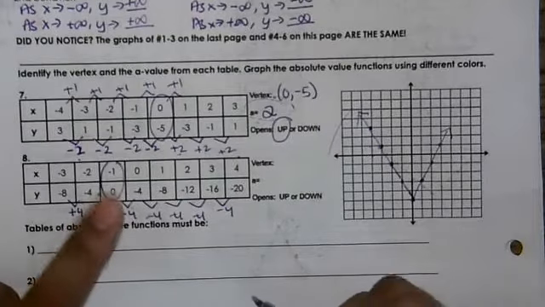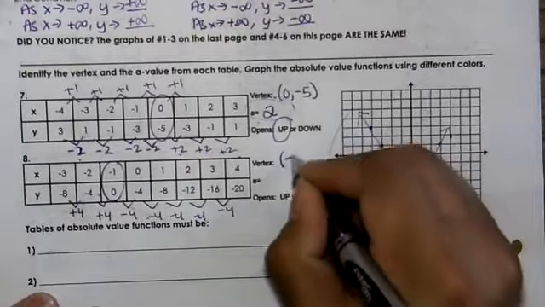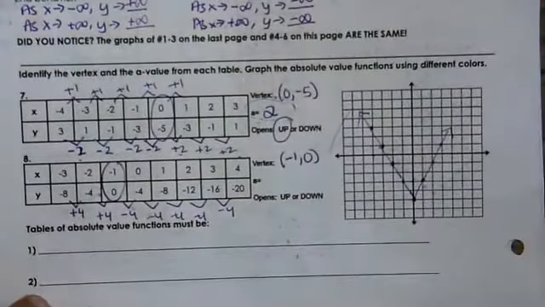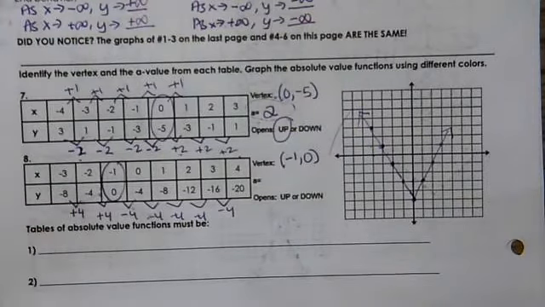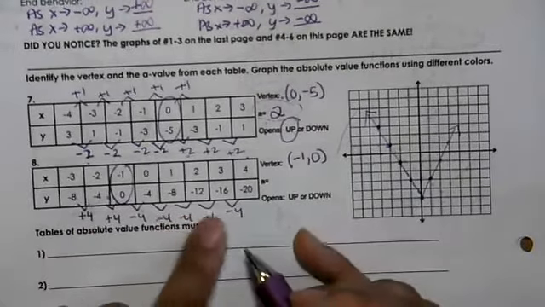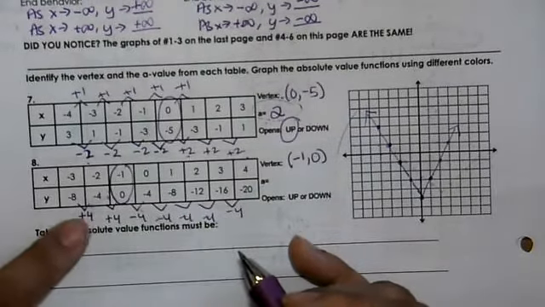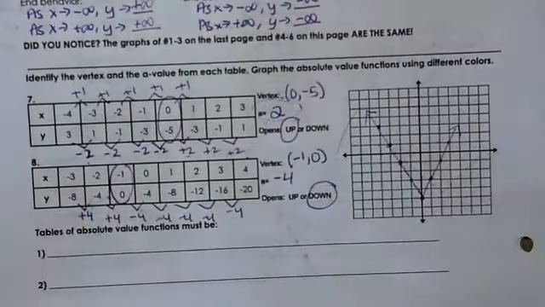There's only going to be one vertex that looks different from all those other points. So this is -1, 0. The a value here is going to use that 4 I just wrote down, but to decide if it's positive or negative, you either take the second sign, so that's these negatives, or you switch the first one. So this is going to be a -4, which means it's opening down.